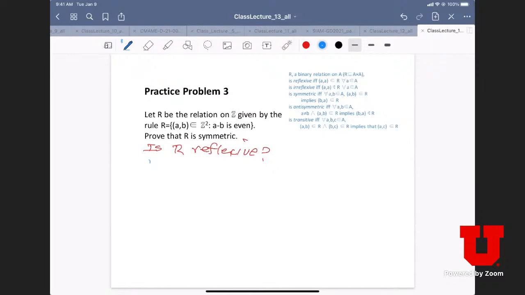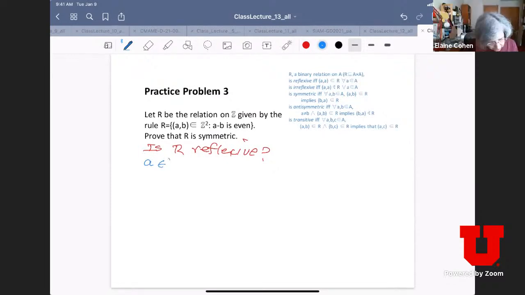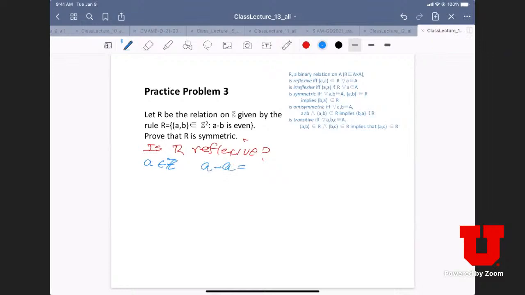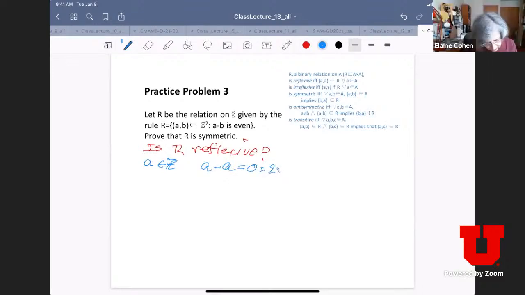Yes. For A in Z, is A minus A, which is equal to 0, which is equal to 2 times 0, even? Well, yeah, that's the definition of even.